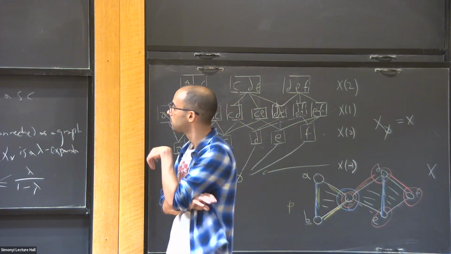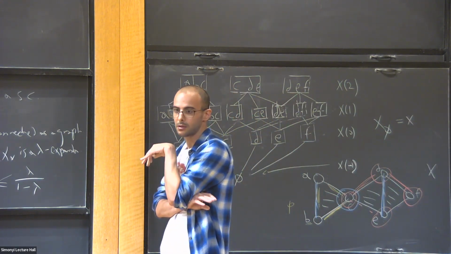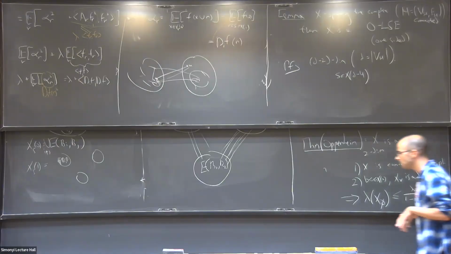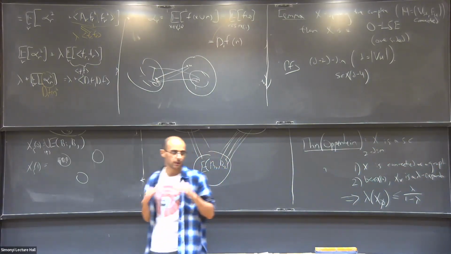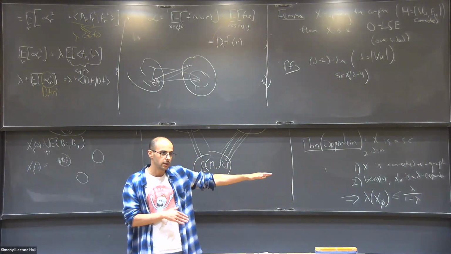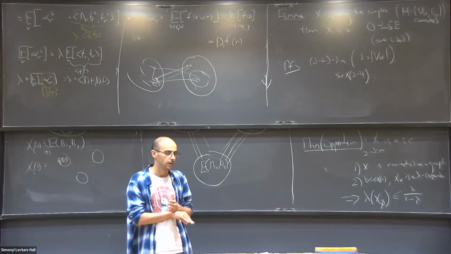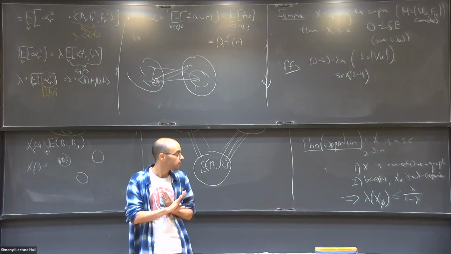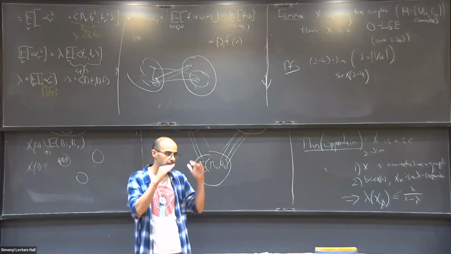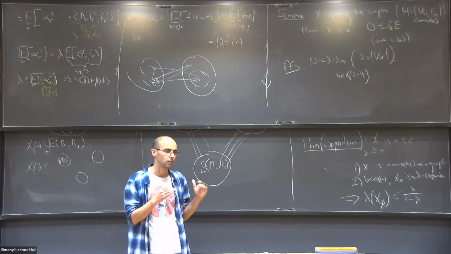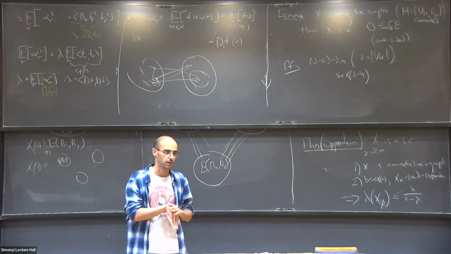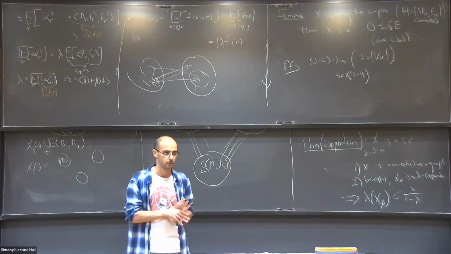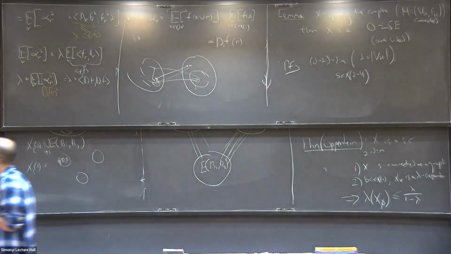Is this tight? Yes, there are simplicial complexes where this is tight. It depends on what you mean by tight, but there are simplicial complexes where analyzing the spectrum directly gives something better than this theorem. In general, though, you won't be able to improve that.